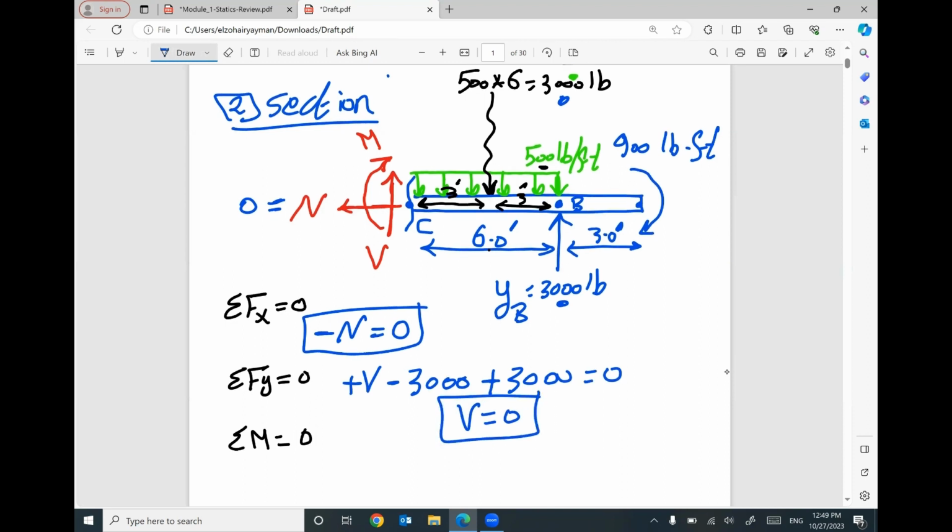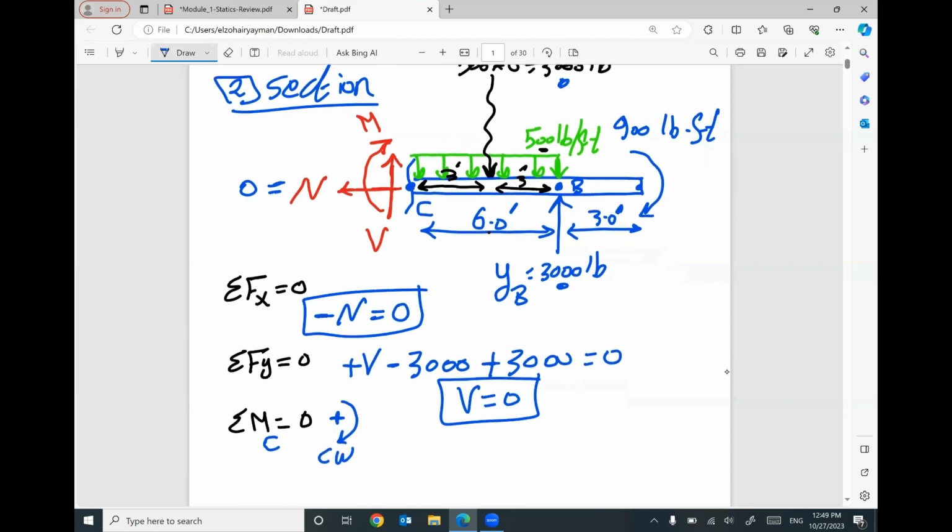Summation moment, I do recommend to take moment at the point of cut, C. Then I will assume my clockwise rotation is my positive. So, capital N times distance, capital V times distance. Your capital moment M does not need distance because it's a moment.